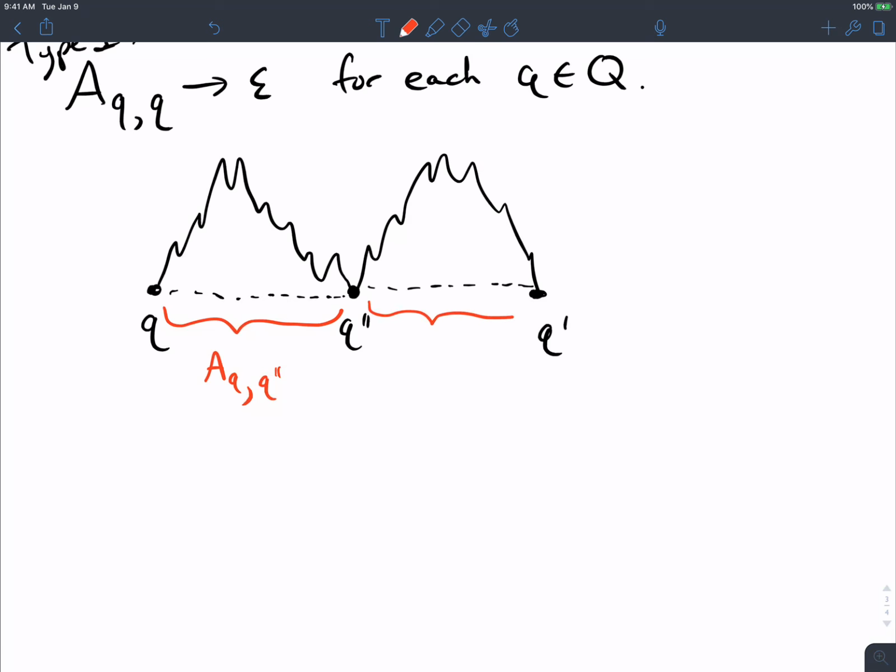What about the second half? What variable corresponds to that? A Q double prime. So the first index of the second variable matches the second index of the first variable. But the ones on the ends could be arbitrary. So as long as the middle 2 indices match, then we're okay.